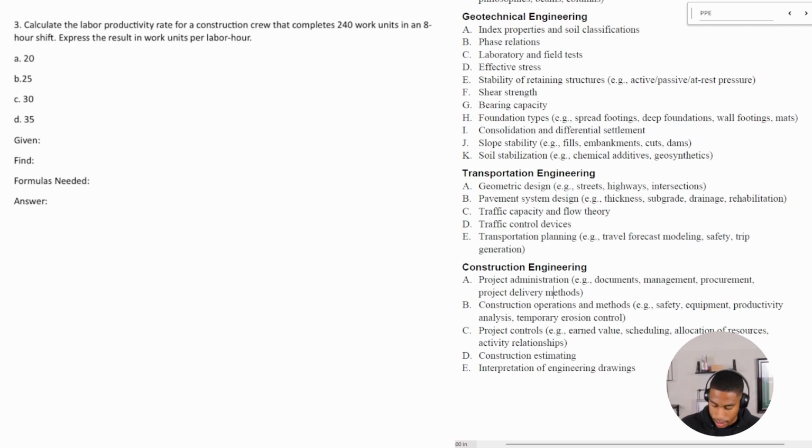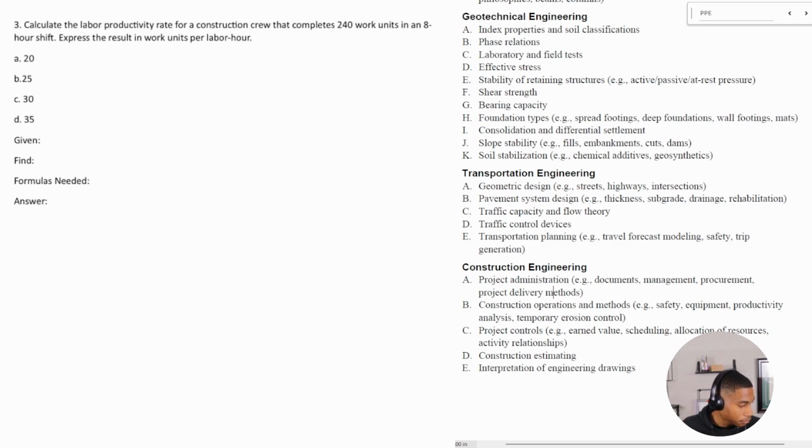All right, so this one says, calculate the labor productivity rate for a construction crew that completes 240 work units in an 8-hour shift. Express the result in work units per labor hour. Okay, so what are we given?